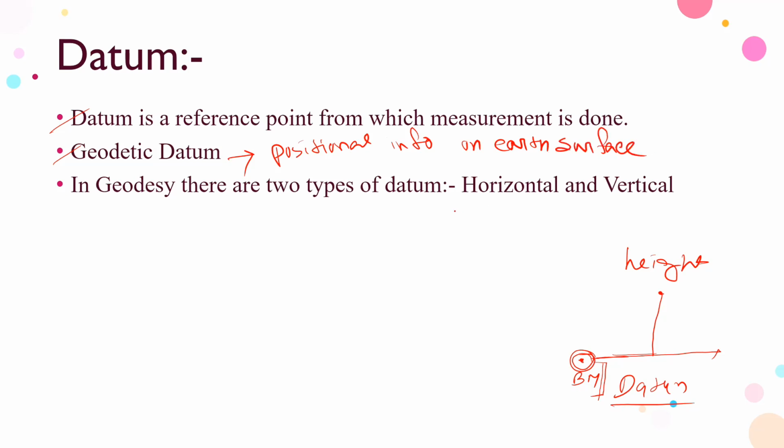In geodesy there are two types of datum. Number one is horizontal, number two is vertical. So how are they used?